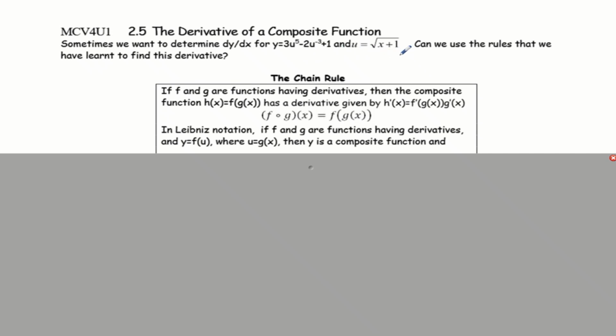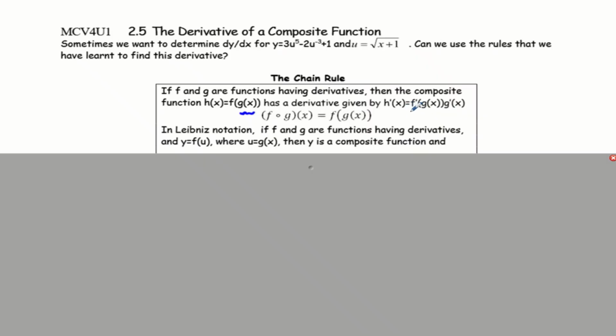So in the chain rule, h of x is two functions combined: f of g of x. The function f has input g of x, and the derivative is h prime of x.